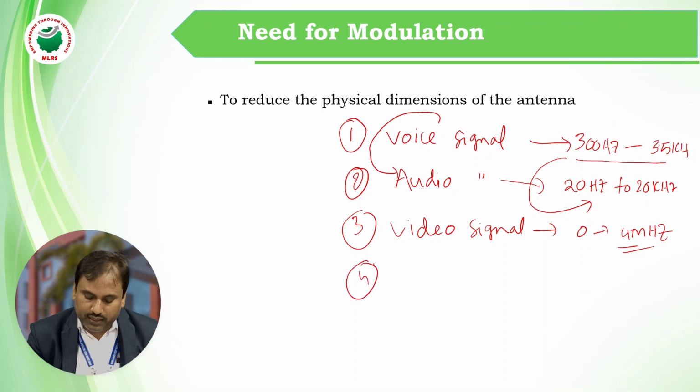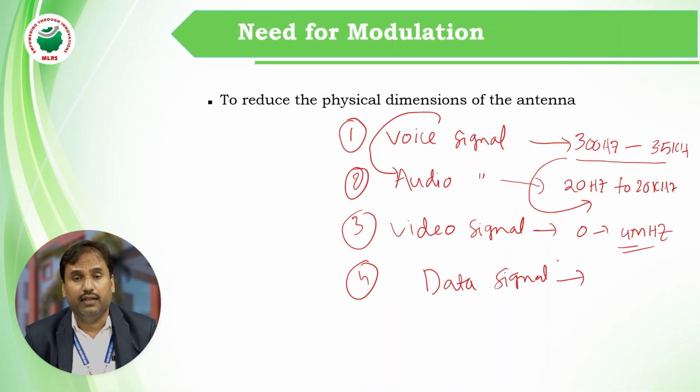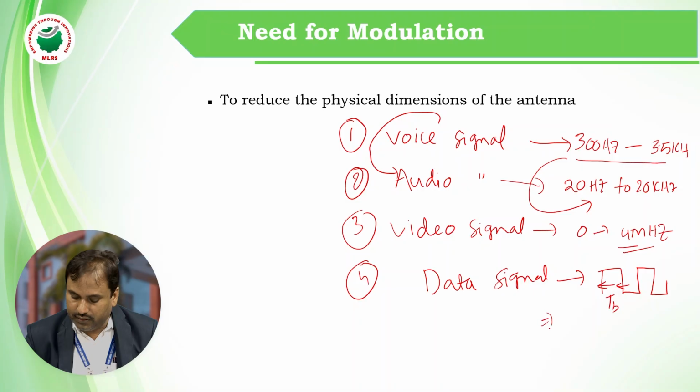And the fourth one is the data signal. It doesn't have any fixed frequency range; it depends upon the width or duration of the data signal. Suppose its duration is TB, then its frequency is 1 by TB.